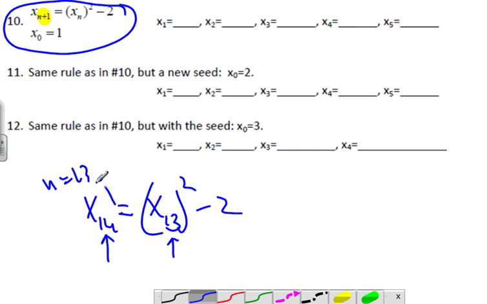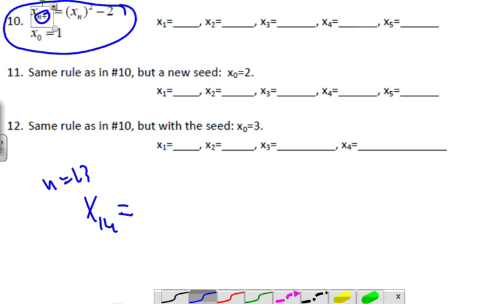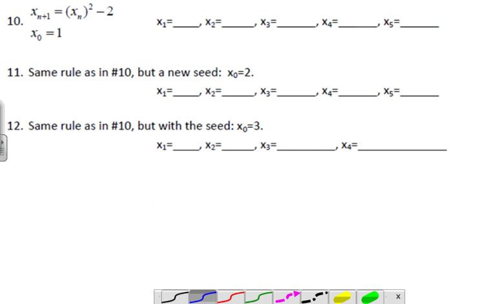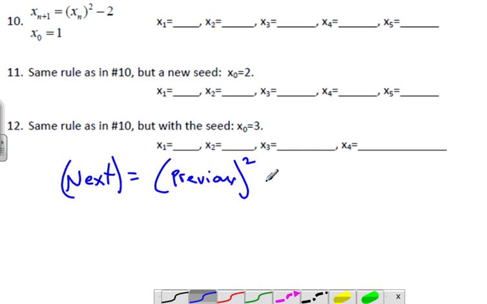What this says is if you ever want any term, you need the one that comes in front of it. In other words, with this notation, we can think along these lines. The next term is equal to, according to this rule, the previous term squared minus 2.